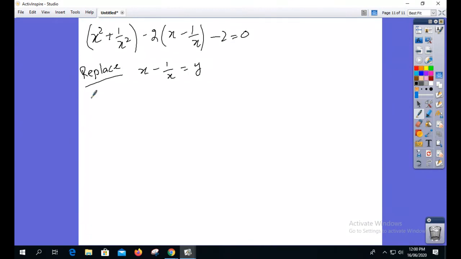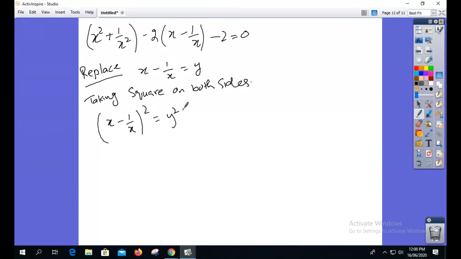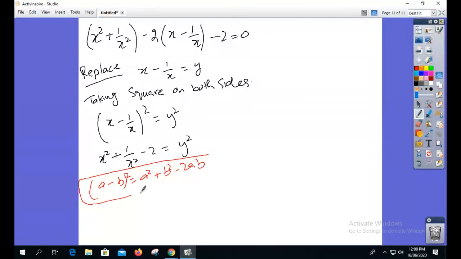By taking square on both sides, we have x minus 1 by x whole square equals to y square, x square plus 1 by x square minus 2 equals to y square. We use the formula a minus b whole square equals to a square plus b square minus 2ab here.